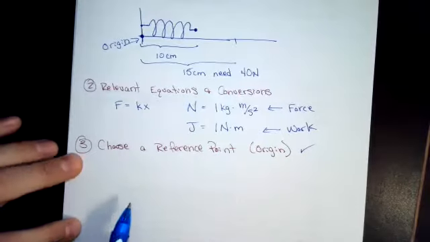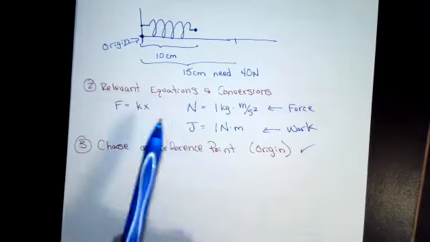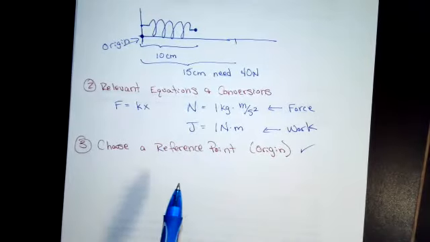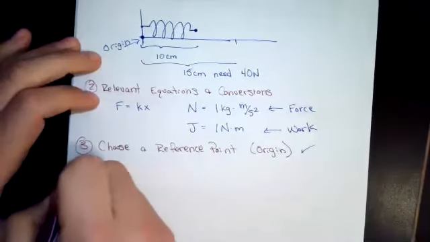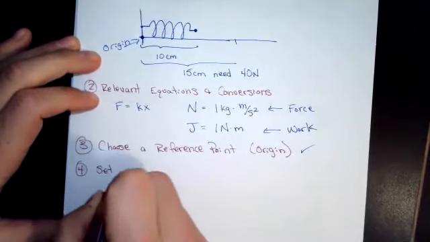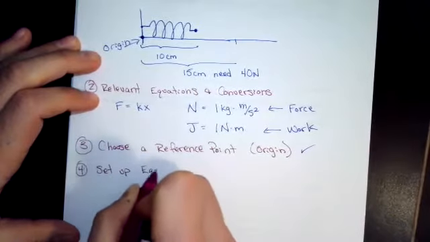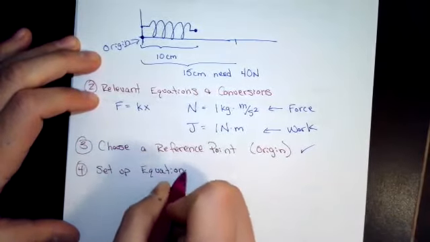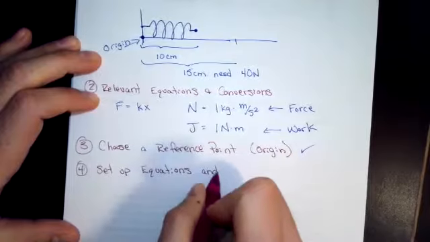Okay, so we've got our reference point, we've got our equations. Now the next steps are being able to set up the calculus, solve for the equations, solve for constants, and essentially just solve the problem. Let's see, I'm going to say set up equations and integrals.